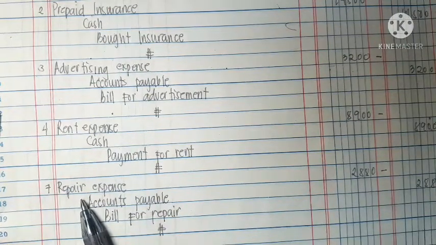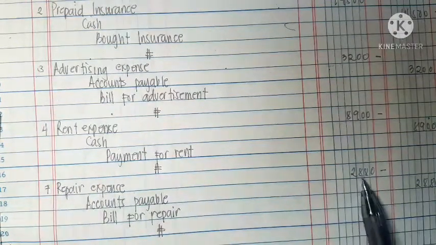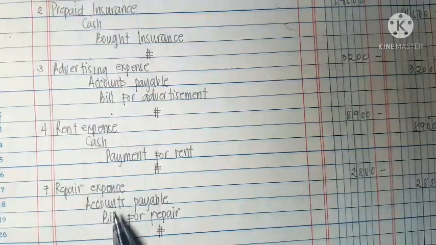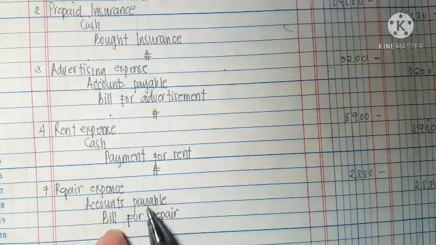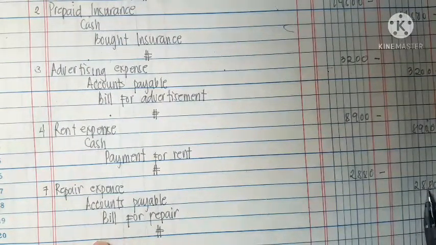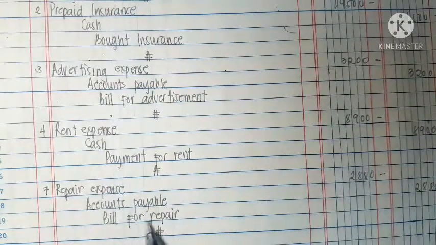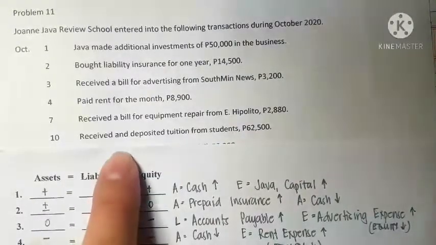So we debit repair expense for 2,880, and there is a corresponding increase in liabilities, particularly accounts payable. So we credit accounts payable for 2,880. Explanation: bill for repair.